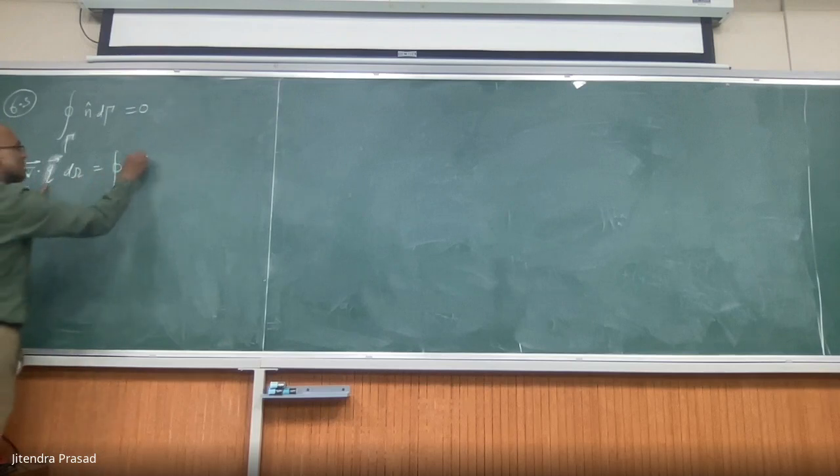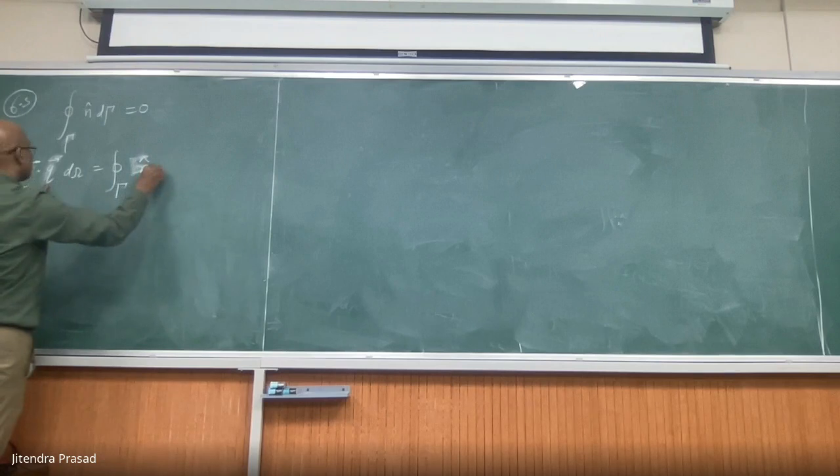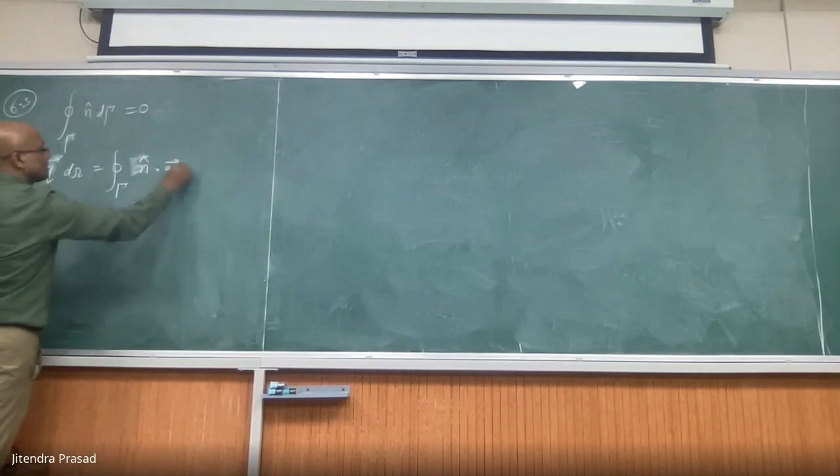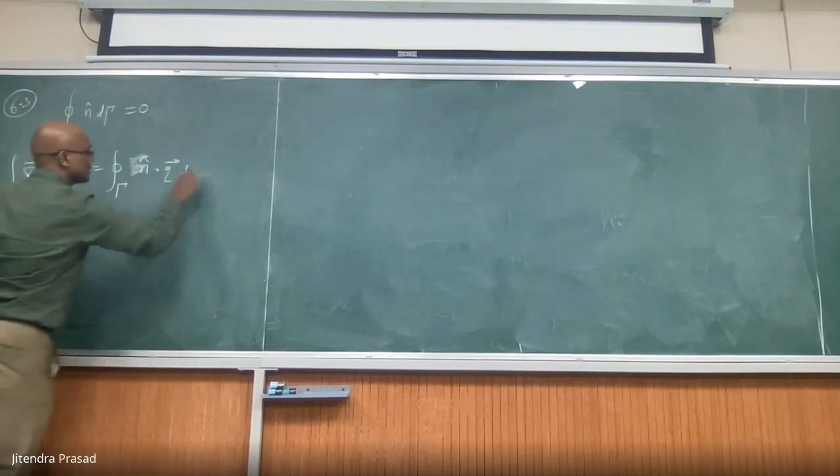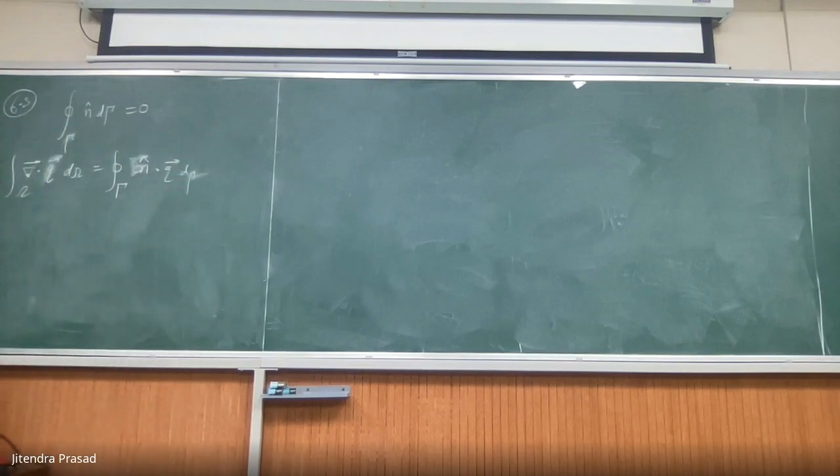You can write it as n dot q. Just replace omega with gamma, that's del gamma, and you are fine. So this is one statement that we have to work on.